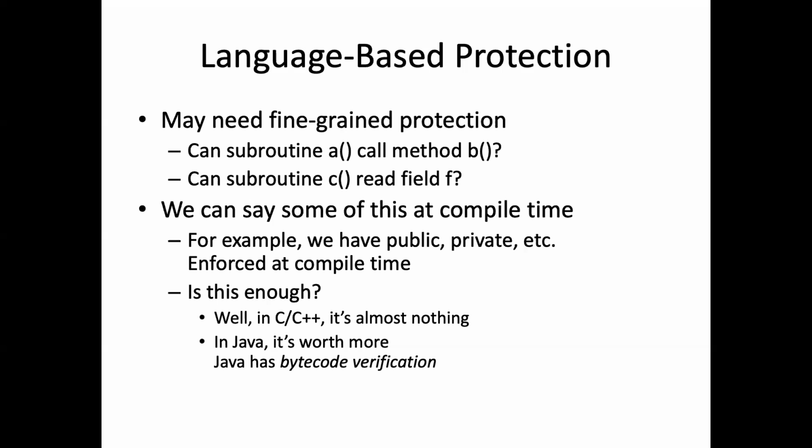Using a lot of clever techniques, it tries to make sure that you don't sneak around the protection mechanisms provided by Java. So things like public, private, protected are a lot more secure in Java than they are in a language like C++.